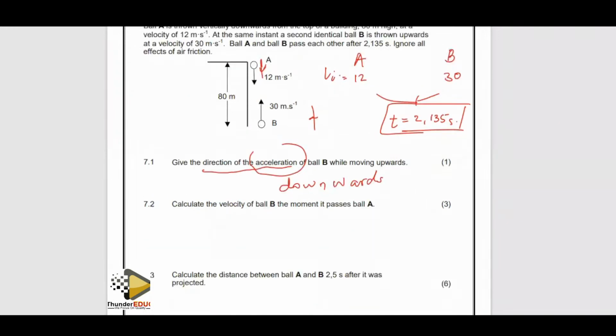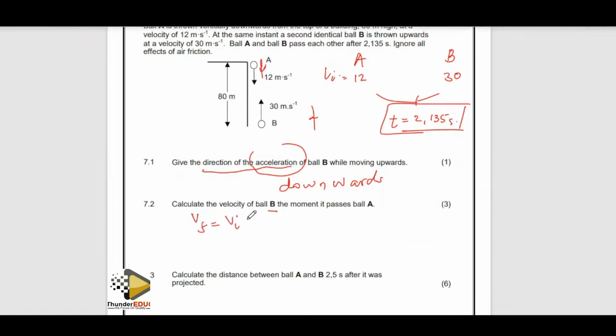Okay. Then they want us to calculate the velocity of ball B the moment it passes ball A. Okay, so I need to get the final velocity first of all. Final velocity that B is gonna be traveling with.